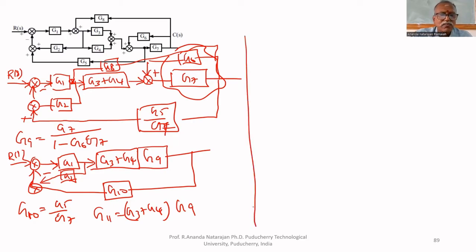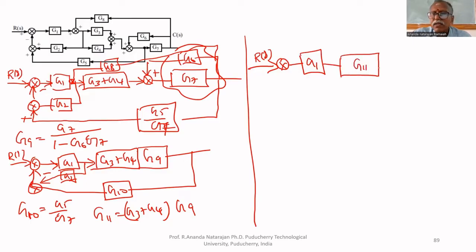So what we will get is R of S multiplied by G1, G11, G2 by G11.